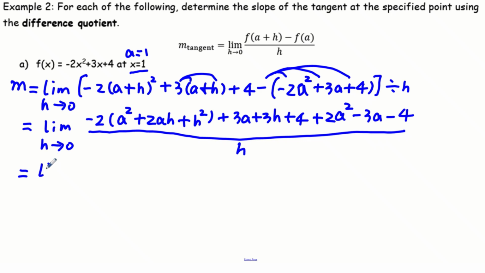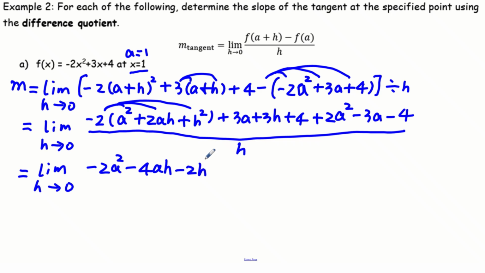Then continue limiting value, h approaches 0. Then we times this to each term in the bracket. So -2 times a squared is -2a squared. -2 times +2ah is -4ah. -2 times h squared, -2h squared.